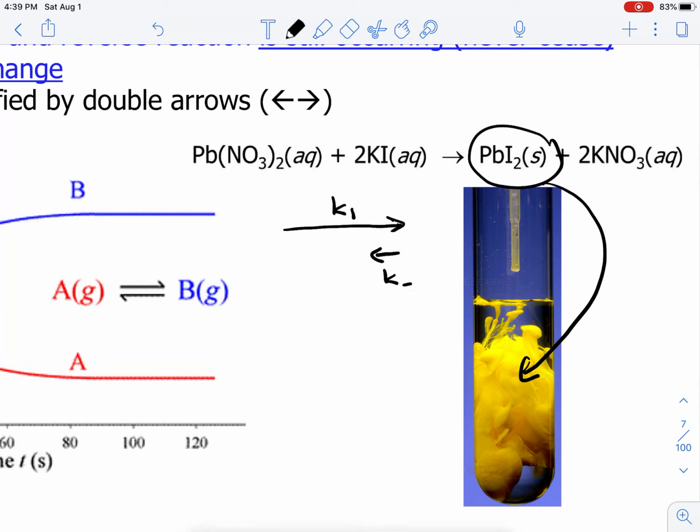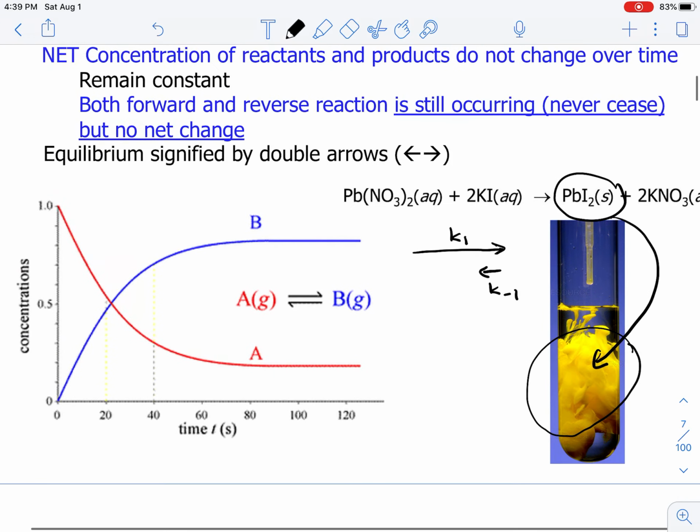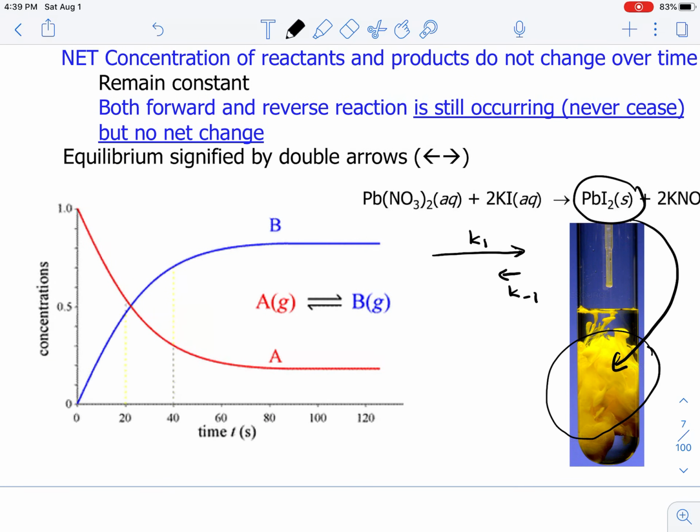And so this is the reason why we see a lot of precipitate being formed, just because at equilibrium, the rate of the forward reaction is much faster than the rate of the reverse. The graph that best represents this in terms of the concentration of reactants and products would be this type of graph, where I'm going to go ahead and extrapolate this line backwards here.